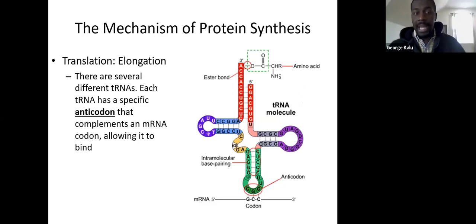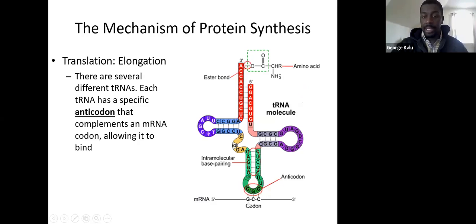Now, also what's going to be happening here is that the tRNAs are going to have a specific region that's going to bind onto the codon. Each tRNA molecule is going to have what's called an anticodon that helps it to bind with the mRNA's codon. The anticodon is going to be complementary to the codon of the mRNA.